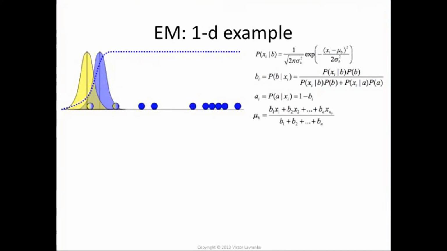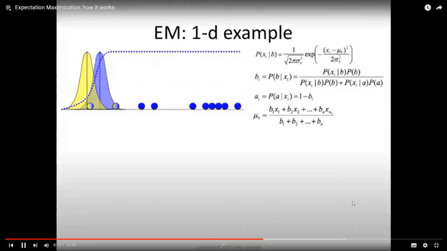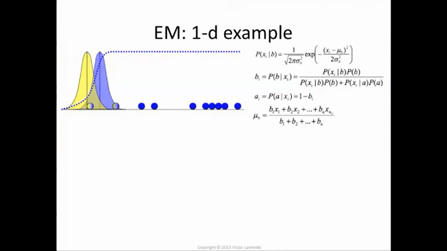The difference now is the BIs are not just 0 and 1, they're probabilities, they're numbers between 0 and 1. So what it means is when you're computing the blue mean, these points, xn minus 1, they give their full weight to the blue mean, and the point x1 gives a tiny fraction of its weight to the blue mean, and it's going to give a bigger fraction of its weight to the yellow mean.